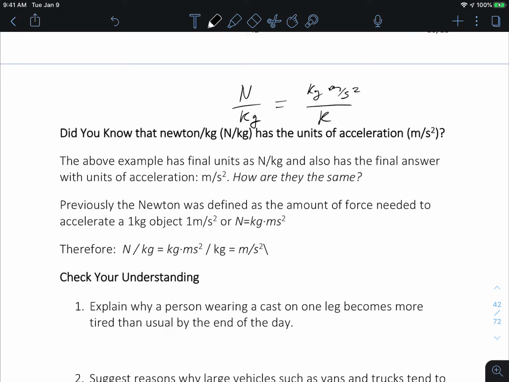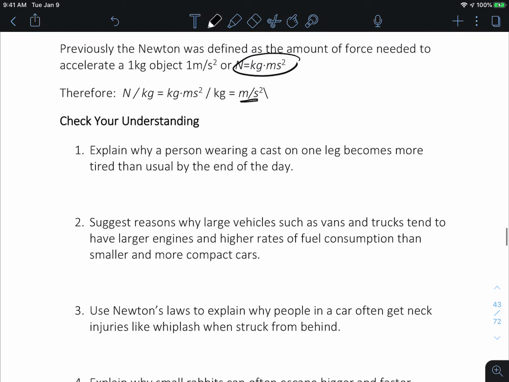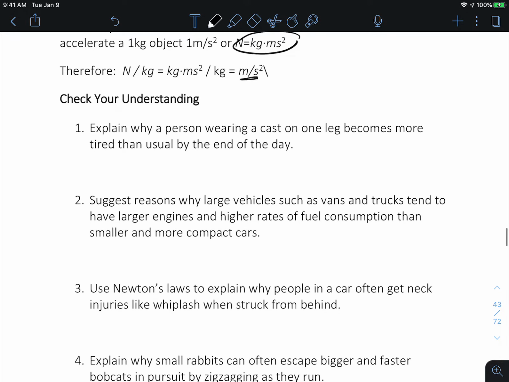And then if you're dividing that by kilograms, the kilograms will cancel, and you are left with only meters per second squared. So a newton is equal to a kilogram meter per second squared. Mass times an acceleration is the unit of force, the newton. And so therefore, when we divide a newton by a kilogram, you end up with the simple meters per second squared at the end. Okay, so let's check our understanding.